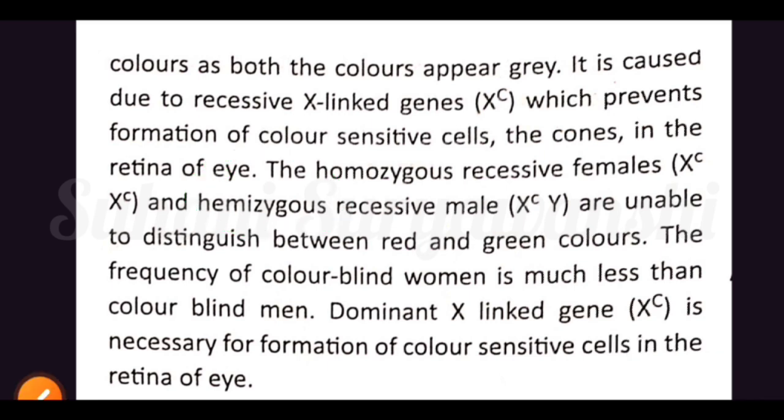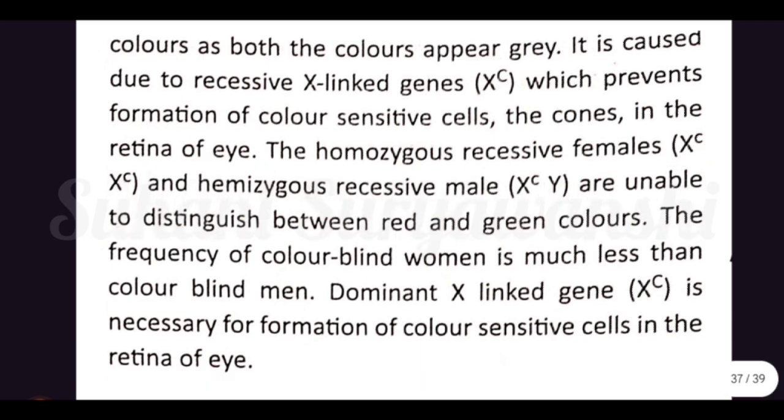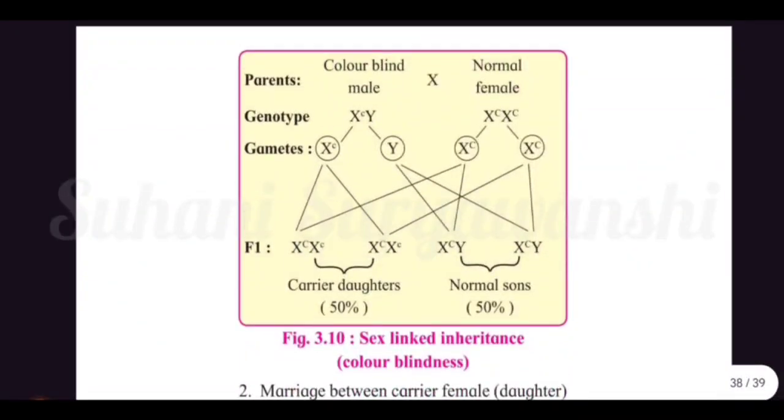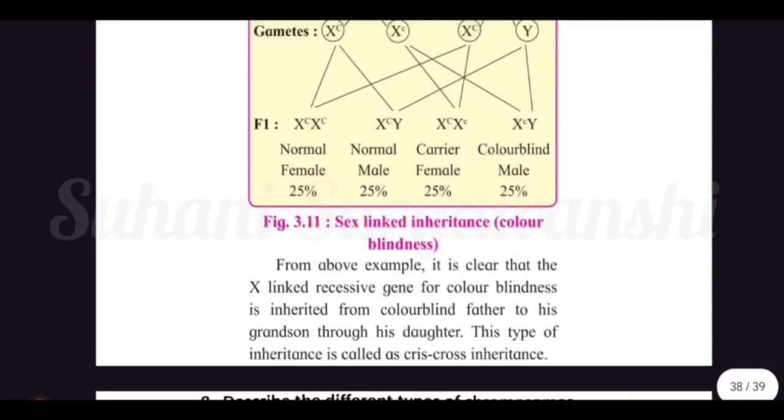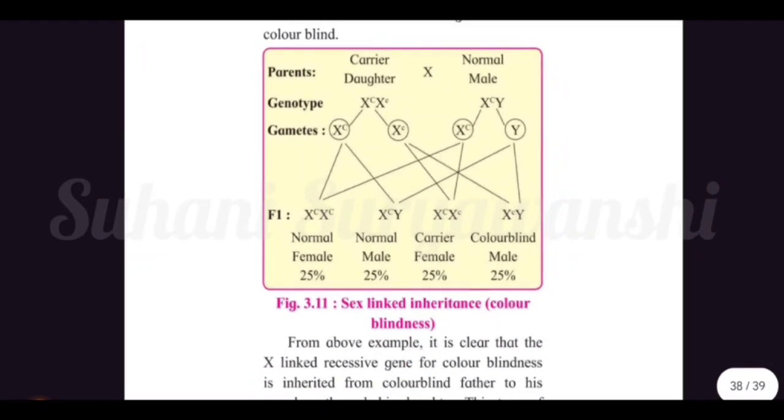The frequency of colorblind women is much less than colorblind males. Dominant X-linked gene is necessary for formation of color sensitive cells in the retina of the eye. So just check out the charts. You have to write this point also as we have to mention the condition. So just check out the points.